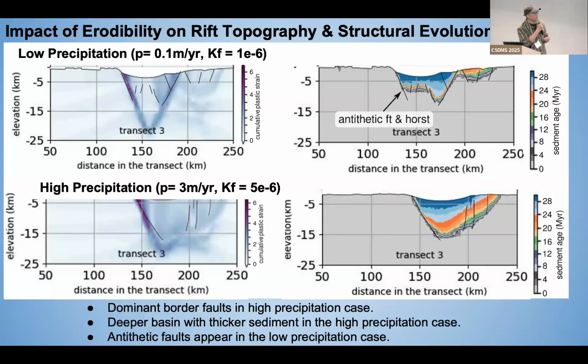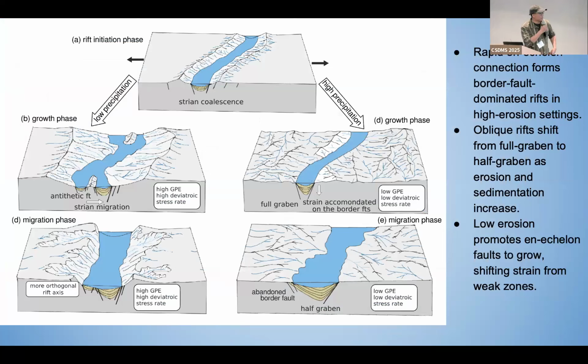We can also see some antithetic faults within the basin, and sometimes you can even see horst structures. In the end-member case with extremely low precipitation, we can see some basin and range structures. All those differences are caused only by variations in precipitation.